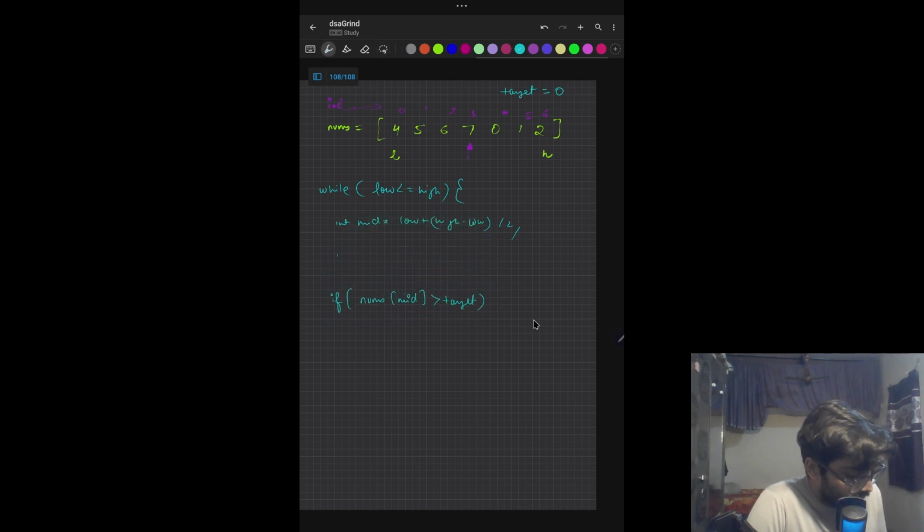First case: if nums at the position mid equals target, then we would immediately return mid.